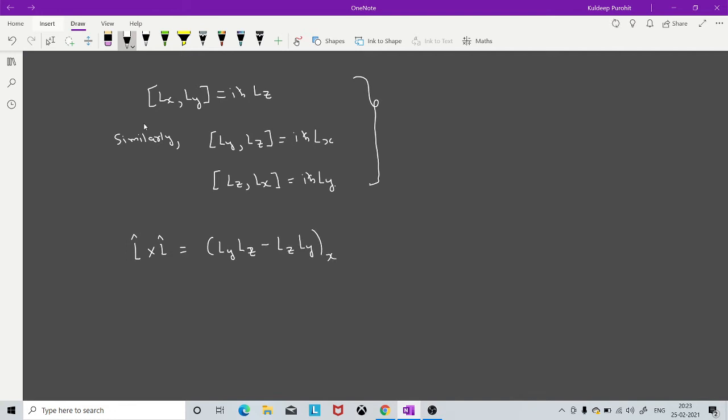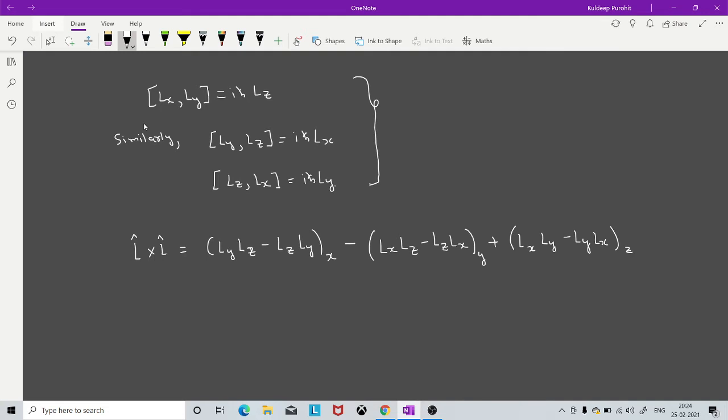This will be the x component. Then you will get negative, Lx into Lz minus Lz into Lx, and this will be your y component. The third will be Lx into Ly minus Ly into Lx. This will be your z component.